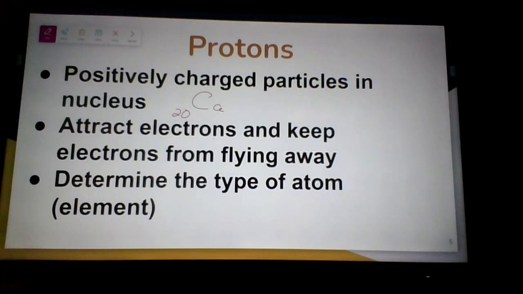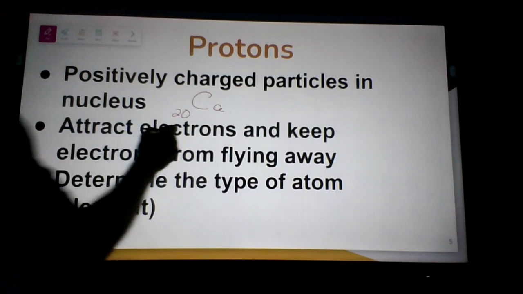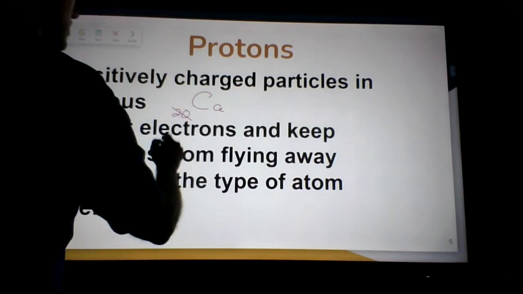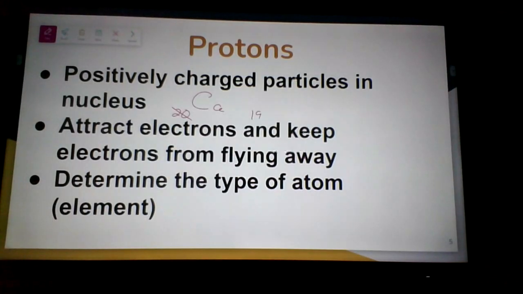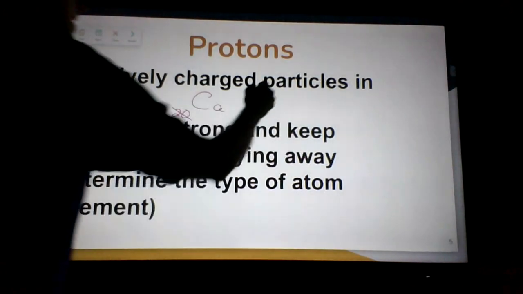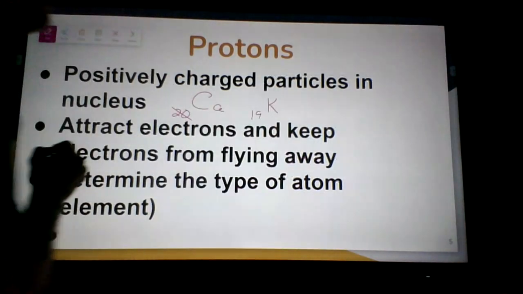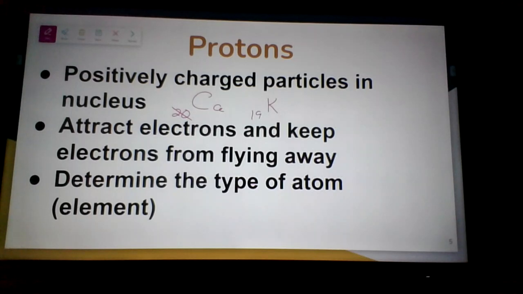If we were somehow to remove a proton, which happens with certain atoms near the end of the periodic table, that calcium would no longer be calcium because that 20 becomes a 19. And we can see now that we're now talking about the element potassium with 19 protons. Even just that one difference in proton will give us a completely different element.